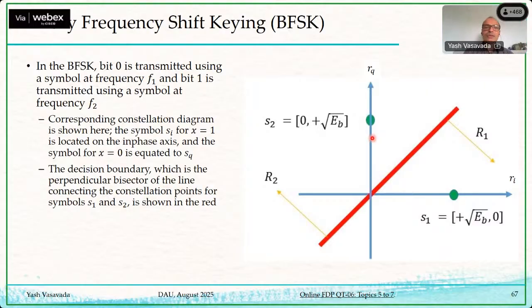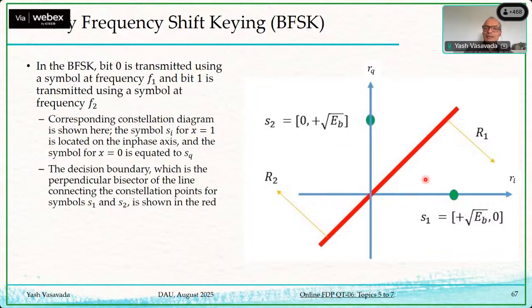This is showing the binary frequency shift keying scheme. So you still transmit one of two symbols, not one of four anymore. But those two symbols, unlike BPSK, are transmitted at the 2 points in green circles, which are shown here.